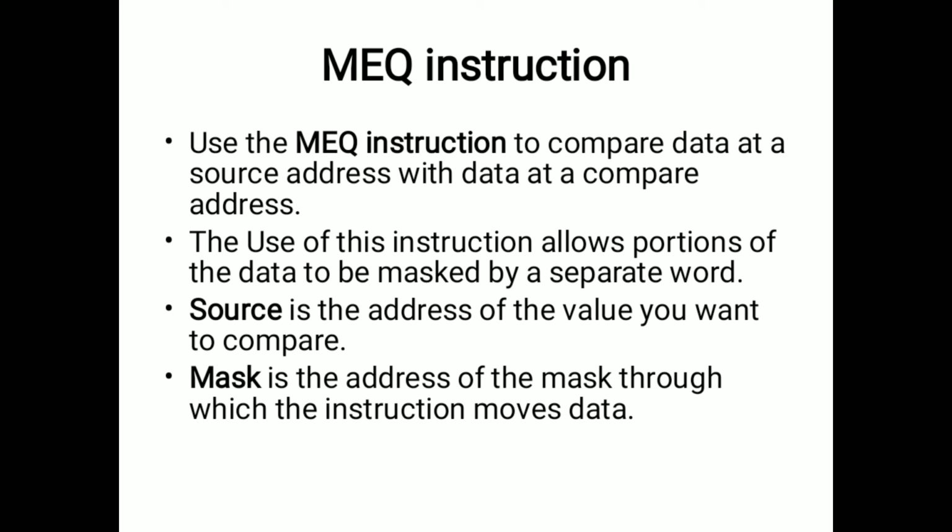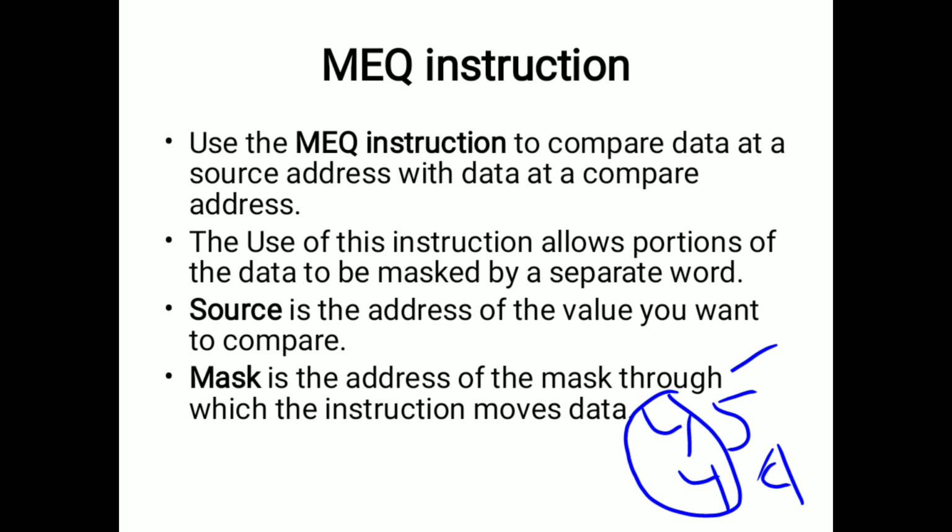Then the MEQ instruction is the masked comparison instruction. This is used to compare a portion of the data. Suppose we have 45 in source A and 49 in source B, right? We don't want to compare this digit, we only want to compare the left-hand digit, that is 5 and 9.